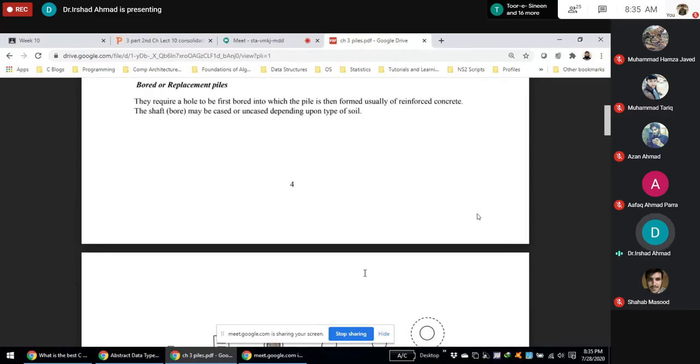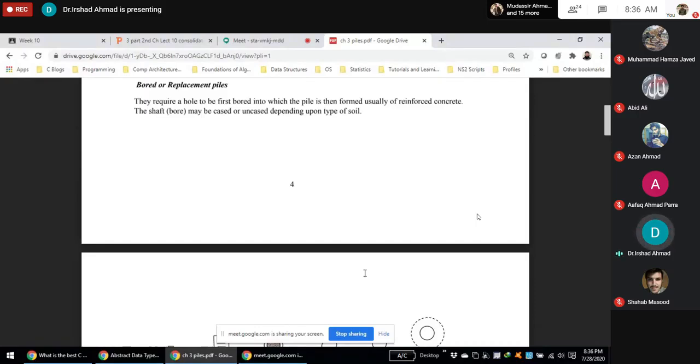In board piles, we make a borehole equal to the diameter and length of the pile, then put steel bars into that borehole, and then we concrete them on the site, and then let them harden, and then we put load on it, right? So these are called board piles. They are also called replacement piles because you remove the soil and replace it with concrete.